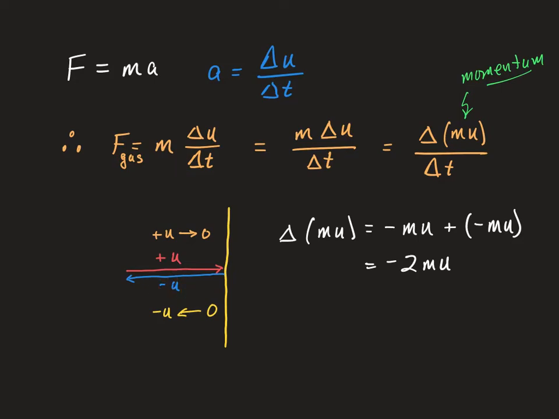So now we can consider the change in momentum. So first the particle is going from going u to 0 when it hits the wall. So we have u down to 0. So that is a change of negative u.